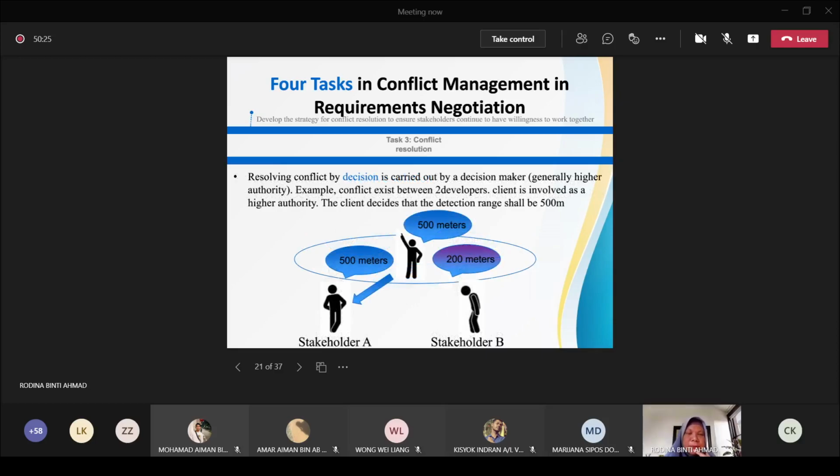And the third type we demonstrate here, resolving conflict by decision, is carried out by some kind of decision maker. You have to have this in the project. If it's not there, then we have to identify the one who can make a decision that is acceptable to all. It's also difficult sometimes, because we don't want to be biased towards certain stakeholders and try to ignore other stakeholders.